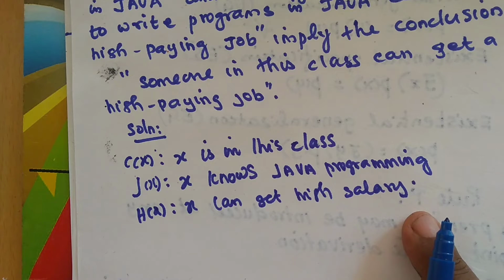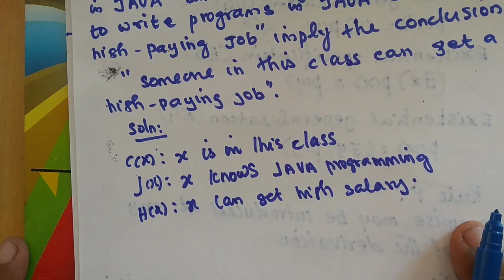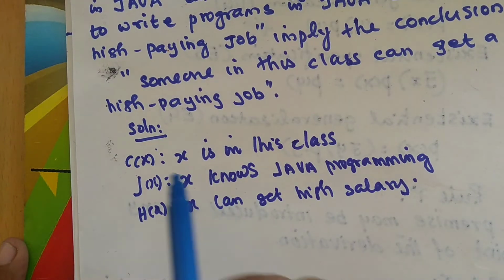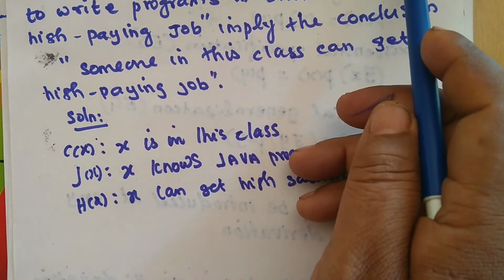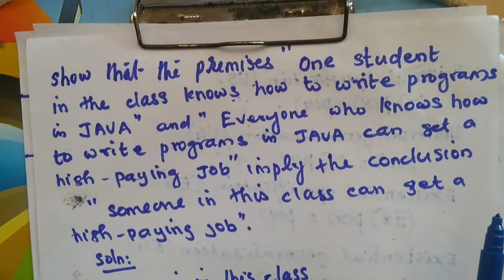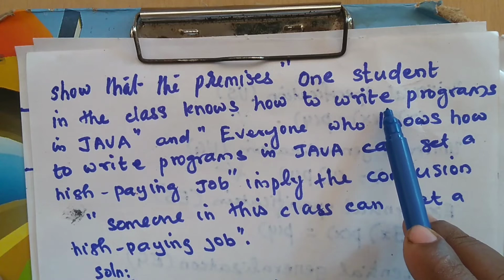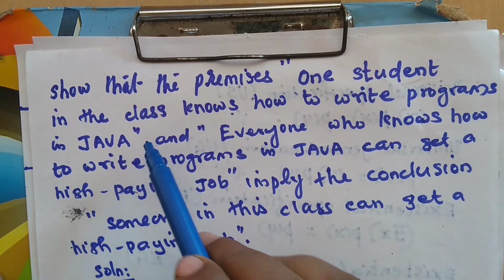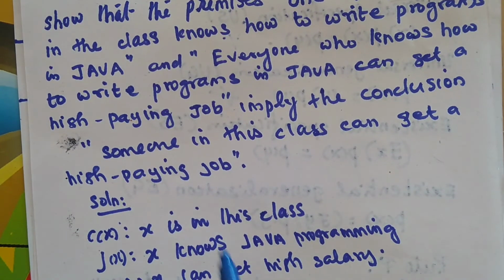So how to write the given statement? What is the given premise? One student in the class knows how to write programs in Java. So student in the class, that is C of X. He knows Java programming.